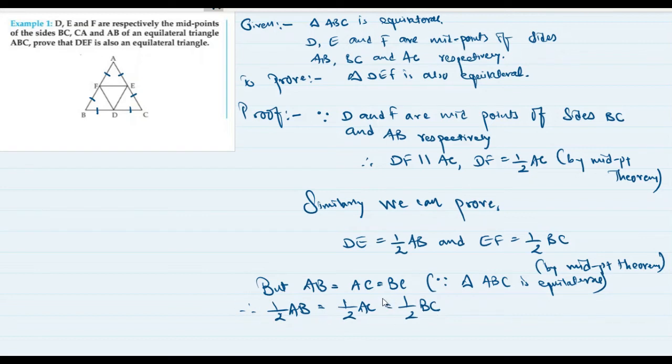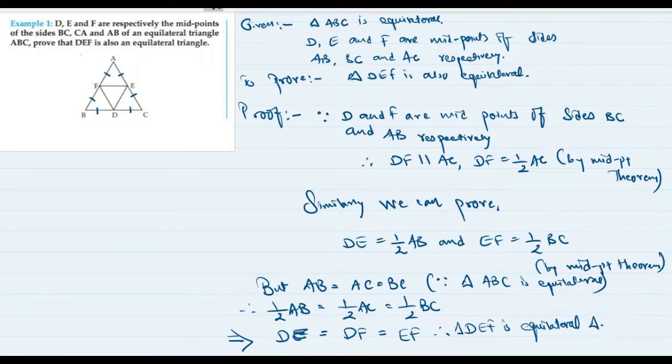So if three sides are equal, their halves will also be equal, which implies half of AB, that is DE, is equal to half of AC, which is DF, which equals half of BC, which is EF. And therefore, triangle DEF is an equilateral triangle because all the three sides are equal.